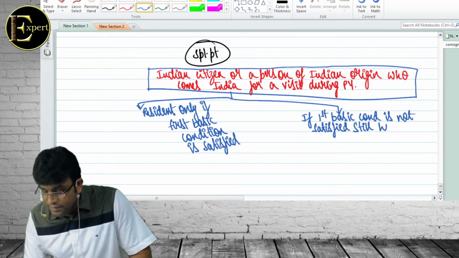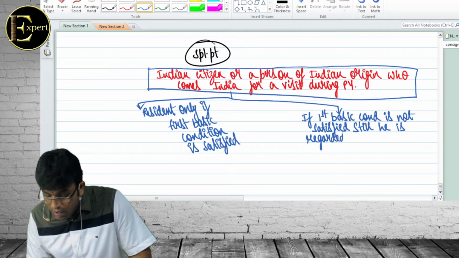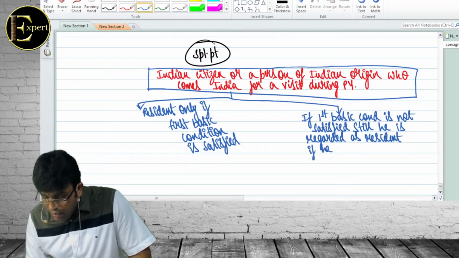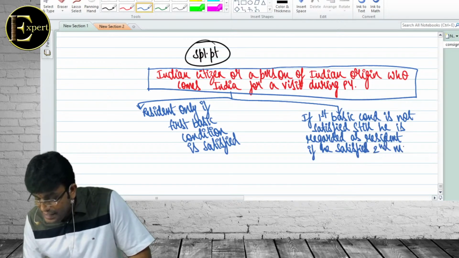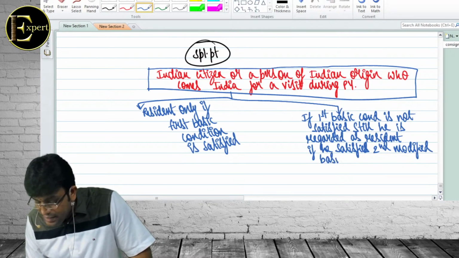still he is regarded as resident if he satisfies second modified basic condition.